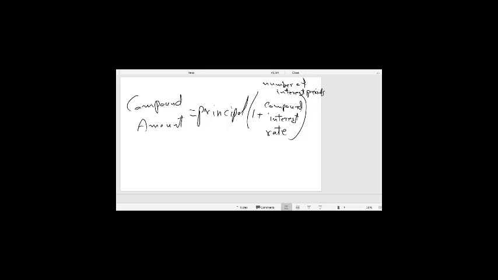Now we can rewrite this formula as compound amount, which is equivalent to the future value.